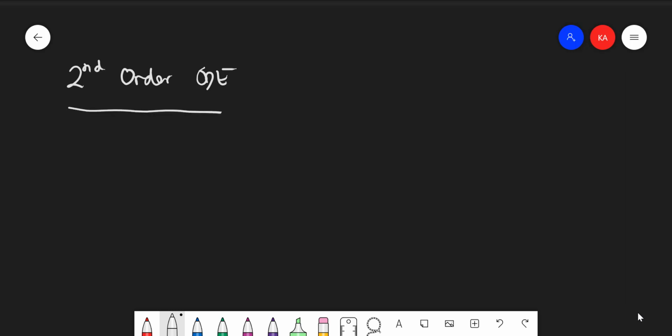Okay. So the difference between the first order and second order, I have explained in the beginning of this ODE. That is, this is the general form of the second order.